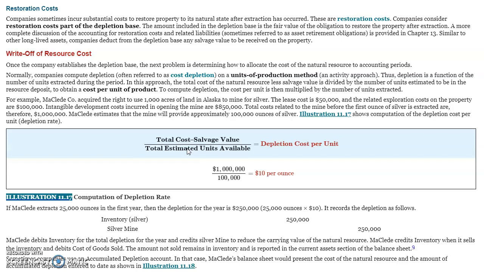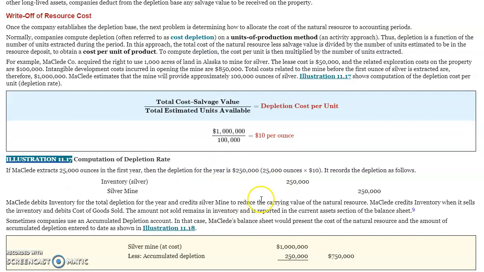We can take that depletable base and divide it by the estimated ounces of silver that we think will be in that mineral deposit, right? So we have all of these different items that could essentially tell us what the depletion per ounce would be for this specific example.